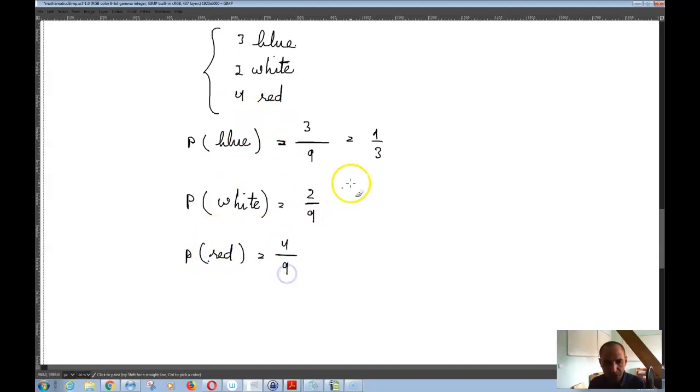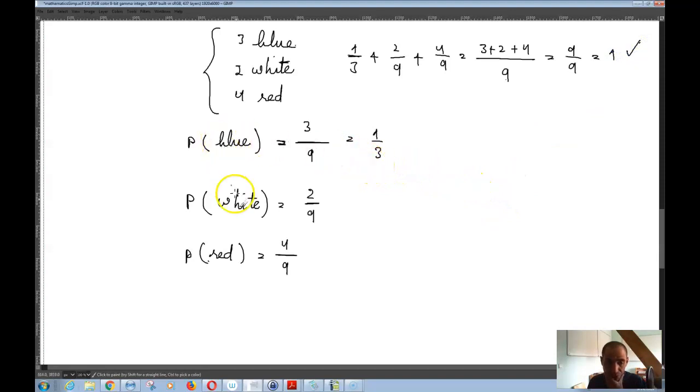Now if you add all of these probabilities together, you'll get 1/3 plus 2 ninths plus 4 ninths. Take the LCM as 9: 3 plus 2 plus 4, 5 plus 4 is equal to 9 ninths, which is equal to 1.